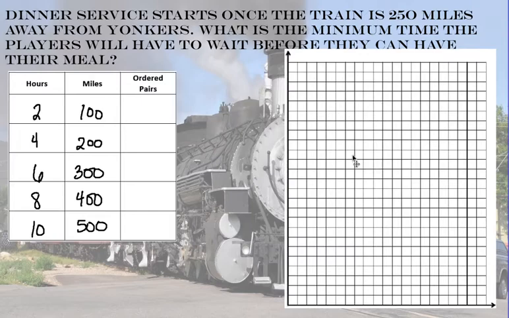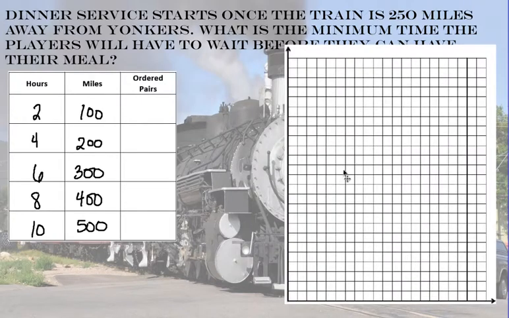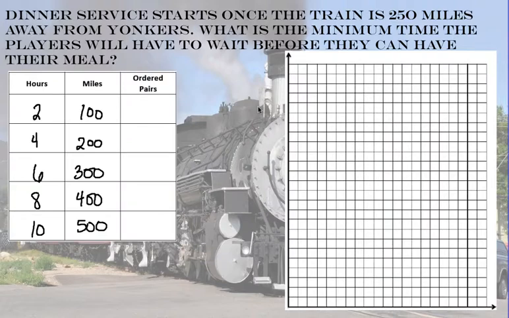So now I need to look at how I want to set up my coordinate grid. Okay, and I'm going to give us a little bit more space here, so I'm covering up the question a little bit. Okay, and the question asks us, if dinner service starts once the train is 250 miles away from Yonkers, what is the minimum time the players will have to wait before they can have their meal? So once it's 250 miles away from Yonkers, I want to know what is the minimum time they have to wait.